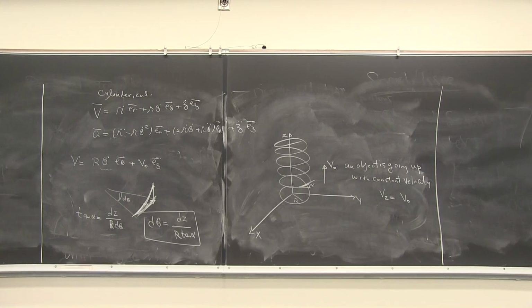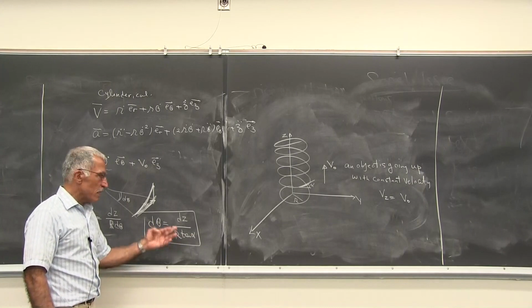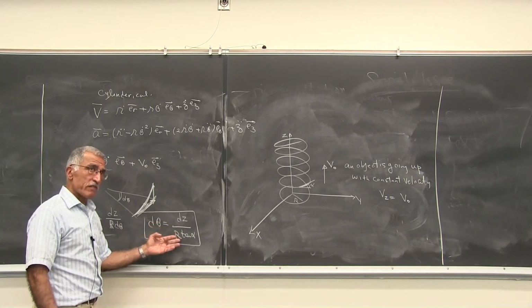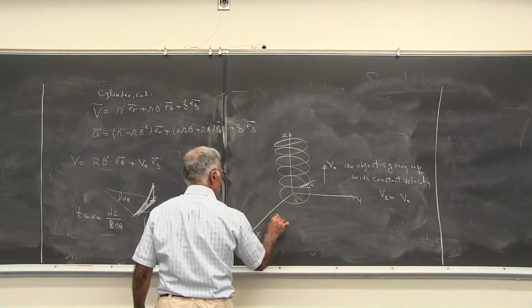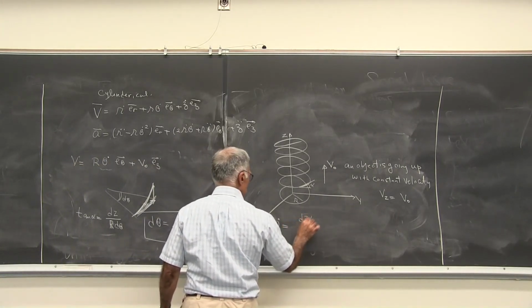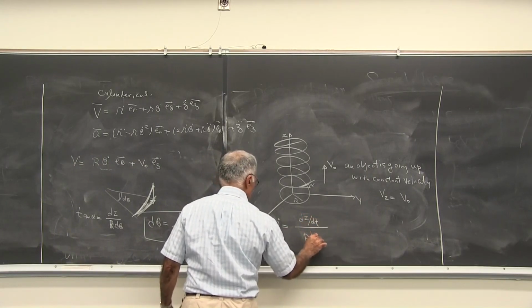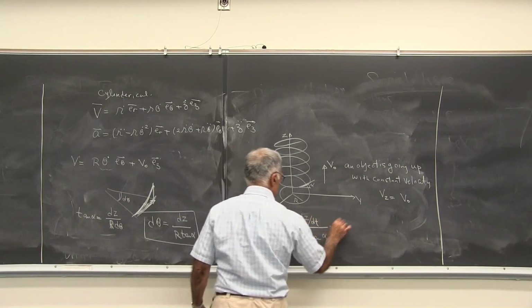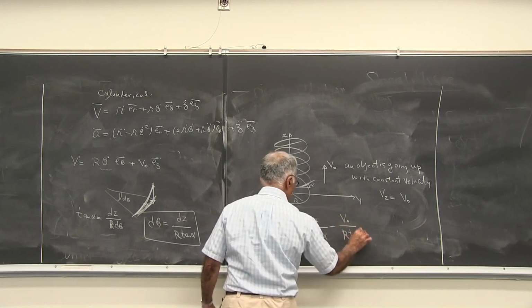So therefore theta dot, since all of this is constant, is simply z dot, which is v0, divided by r tangent alpha. So theta dot is simply dz dt divided by r tangent alpha, and that's equal to v0 divided by r tangent alpha.